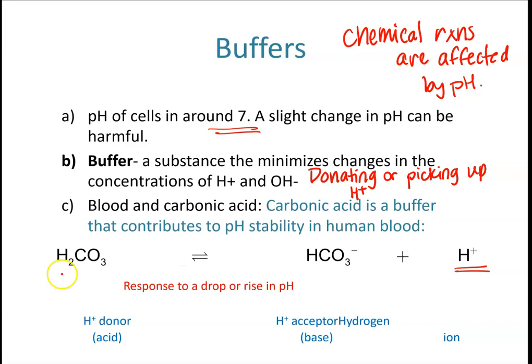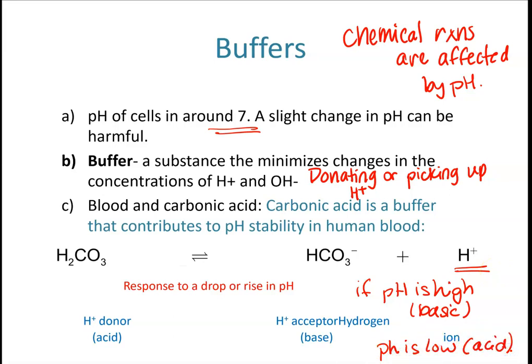If the pH is high, meaning basic, the reaction will lean towards the products and it will release its hydrogen ions and increase the acidity of the blood. Now, if the pH is low or the blood is becoming acidic, it will pick up hydrogen ions and go back towards the reactant. So carbonic acid is able to buffer or stabilize the concentration of hydrogen ions in our blood.